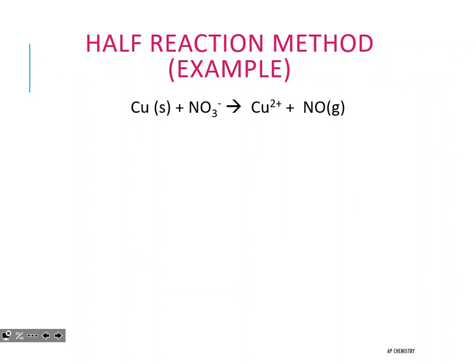Okay, so when you're writing out the half reactions, you have to do a little bit of reasoning here and say, okay, I have this reactant over here, what product could it possibly go to? And separate it out that way. So if I have copper solid right here, what's the only thing that we could probably match it with? Is the copper ion. Okay, so that would be our first half reaction.